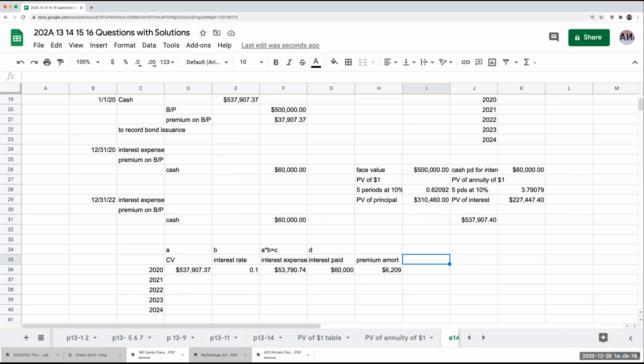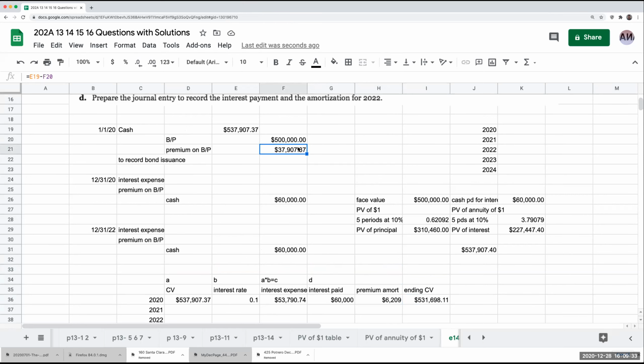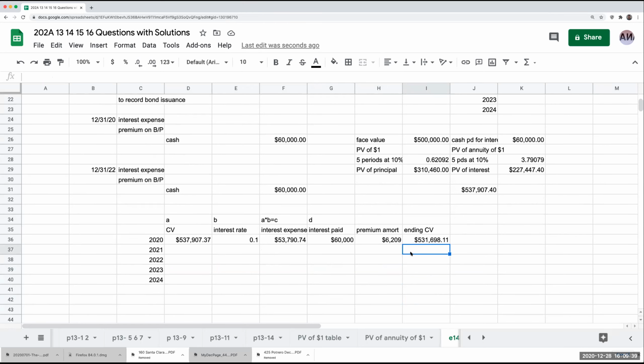My ending carrying value is my beginning carrying value less my premium amortization, or $531,698. Remember that in a premium situation, I need the premium to go down to 0, because when I pay back the bond, it needs to be at the face value.